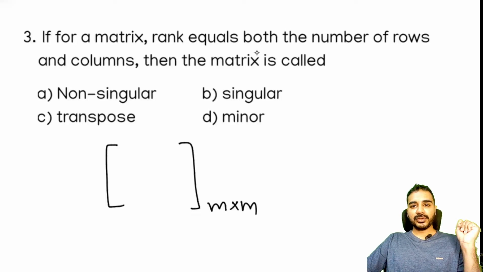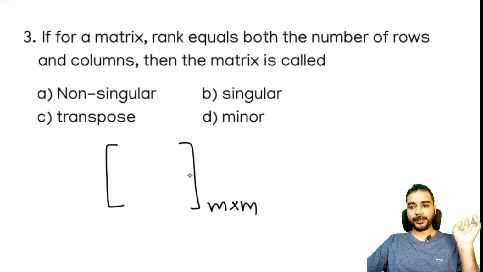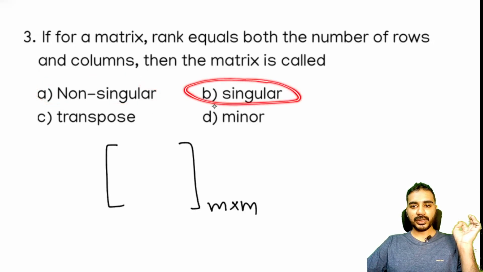Since the rank equals both number of rows and columns, the matrix we are considering is nothing but a square matrix. Then the question is matrix is called. We have four options: non-singular, singular, transpose, and minor.